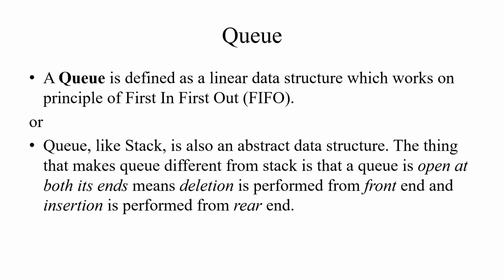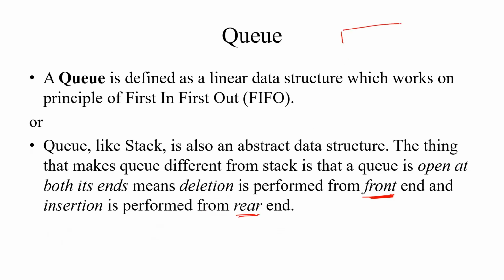Unlike stack, we perform insertion and deletion from different ends. In the stack, we perform insertion and deletion from the same end. But here in the queue, we perform deletion from the front end, which is named front, and insertion from the rear end.